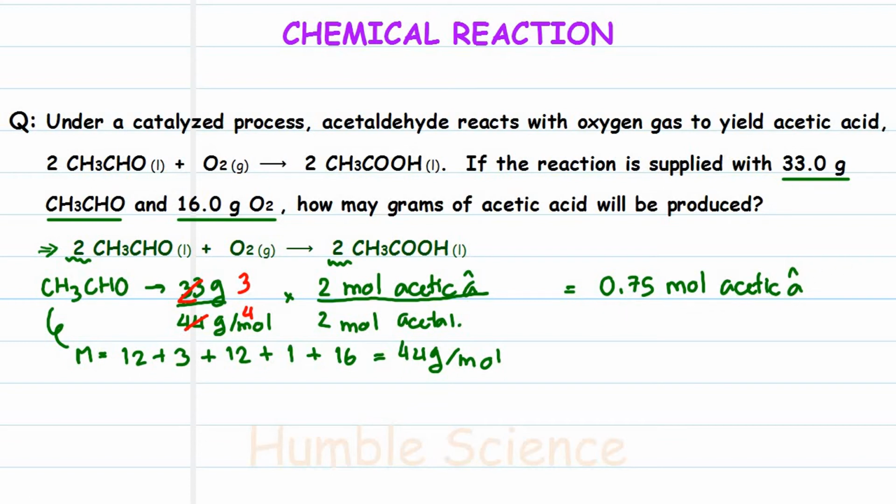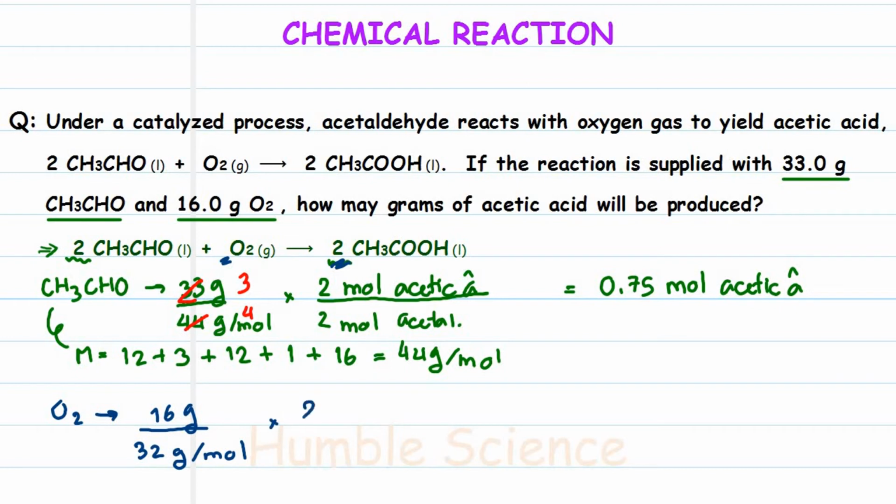Now let's try oxygen gas. For oxygen gas, it gives us 16 grams, and that has to be converted to mole, which is going to be divided by 32 grams per mole. And we can see that 1 oxygen gas will give 2 acetic acid.